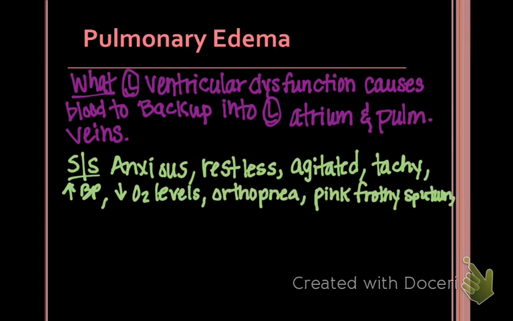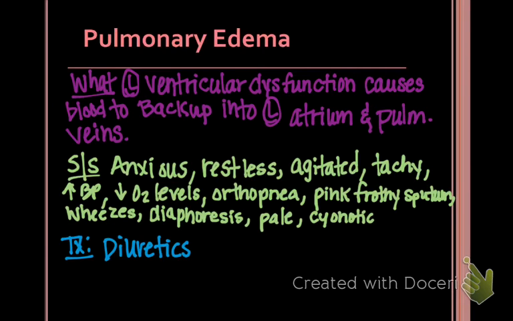You're going to see orthopnea. You can see pink frothy sputum, wheezes, diaphoresis, pale, cyanotic. These are sick people if they've got some pulmonary edema going on. And there are different levels. It could be mild, it could be more acute.